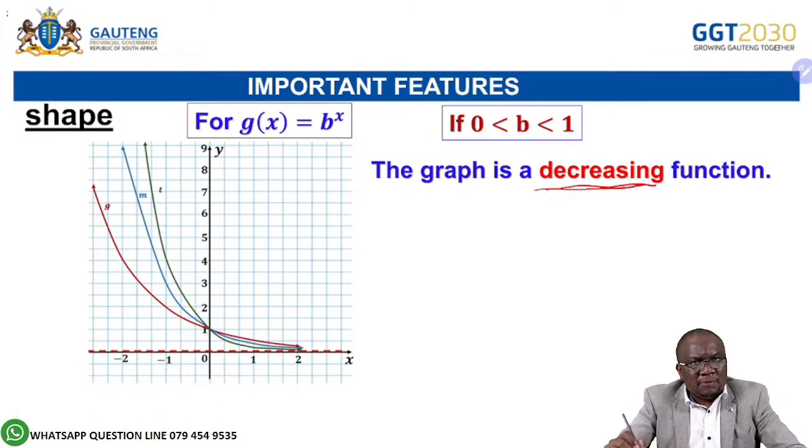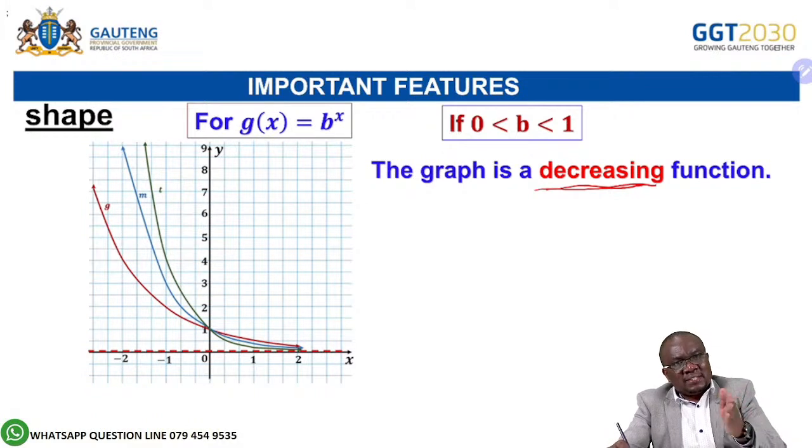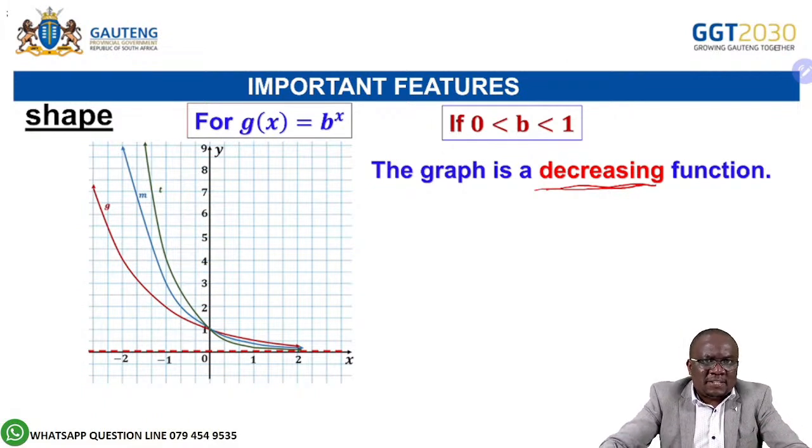Maybe this one you may have to write. If b is greater than 1, the graph is an increasing function. If b is between 0 and 1, the graph is a decreasing function. Just write that for 30 seconds. I'm not going to go anywhere.